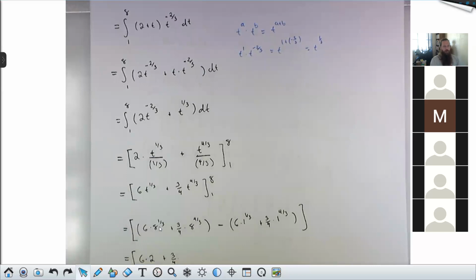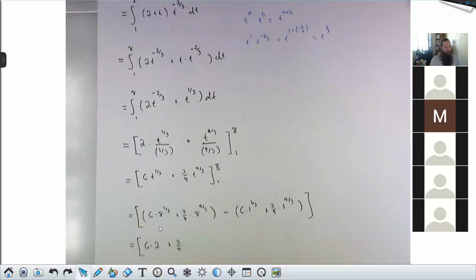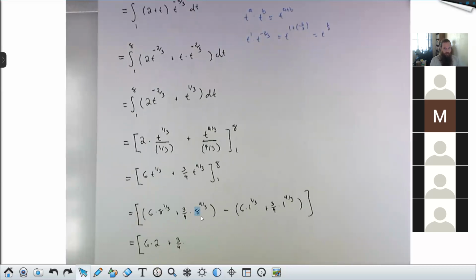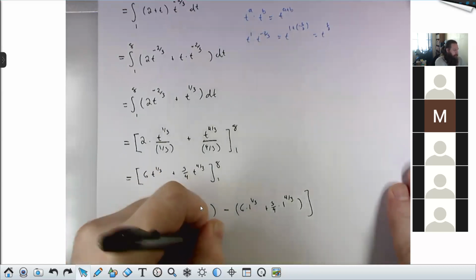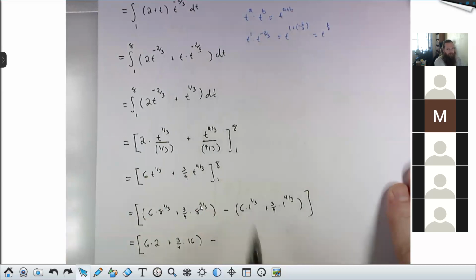Okay, so 8 to the 4/3 would be 8 raised to the 1/3, all raised to the 4. The cube root of 8 is 2, and 2 to the 4 is 16. Yeah, good. And then 1 to any power is 1.